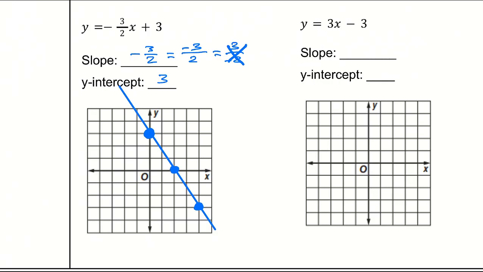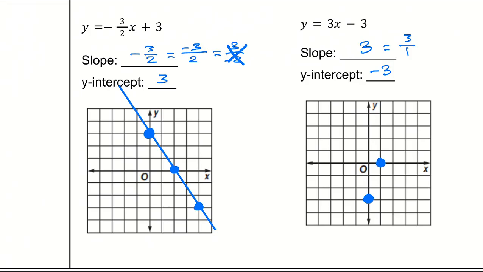Next one, slope is going to be 3. The y-intercept will be -3. So I will start with that -3 y-intercept. And again, I'm going to make this whole number into a fraction by putting it on top of 1. And that tells me that my rise is up 3 over to the right 1.